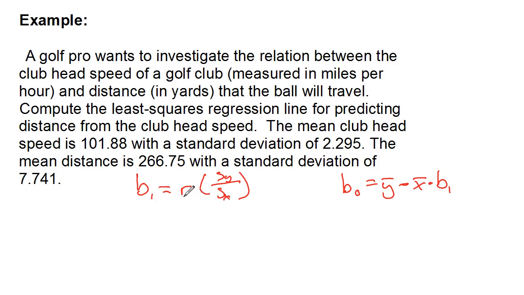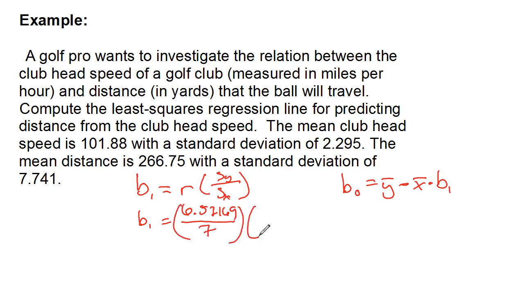Well, in order to calculate our slope, we've got to calculate our correlation coefficient. And so going back to our correlation coefficient, I don't want to use the rounded version if at all possible. So I'm going to go back to where we had 6.57169 divided by 7.